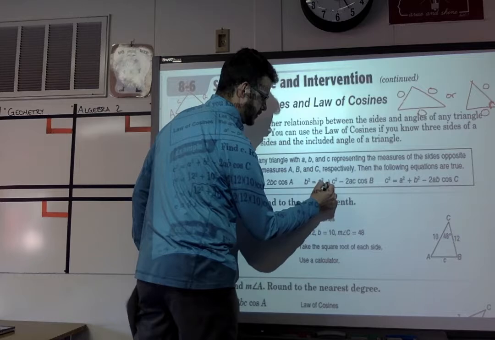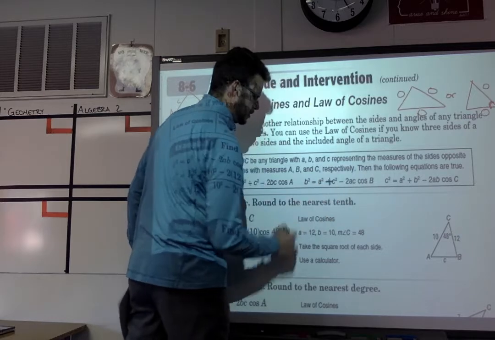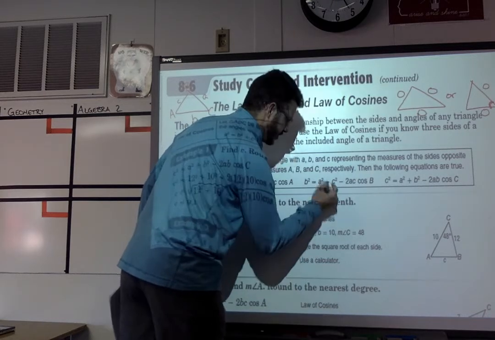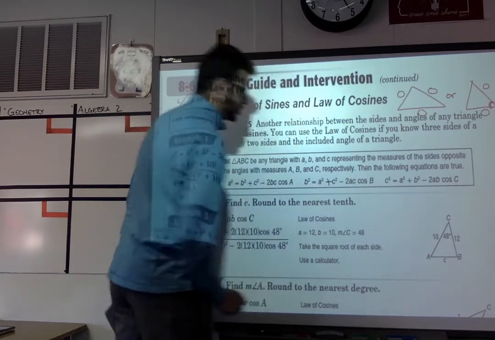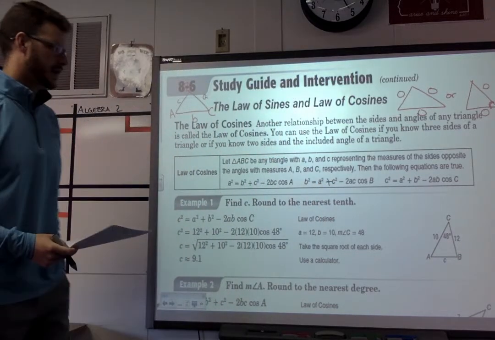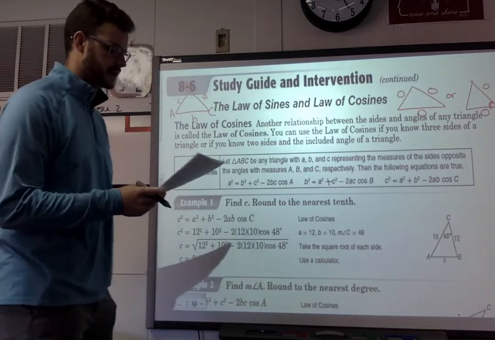This middle one, the b squared, should be a squared plus c squared minus 2ac times the cosine of B.